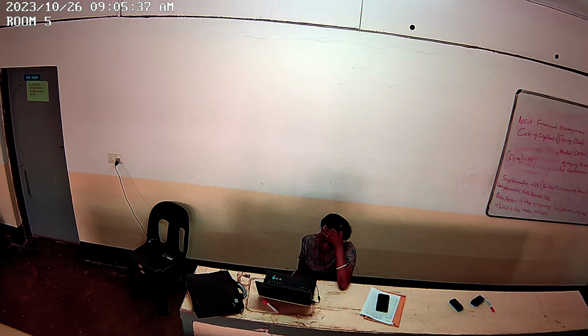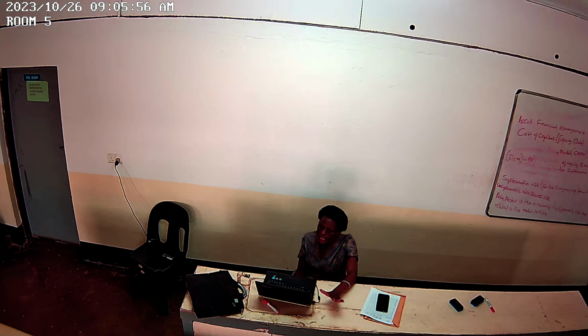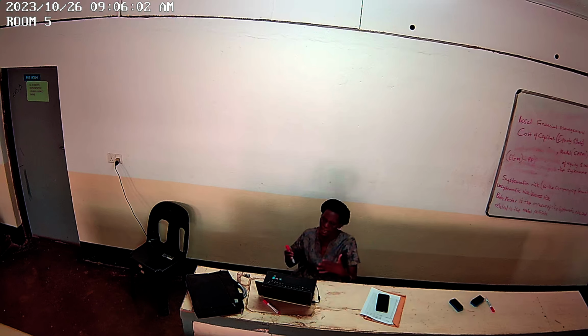For redeemable debt, the cost is given by the internal rate of return of the cash flow involved. When we are talking about big debt in connection with bonds and shares, we base it on the return, based on the cash flow itself.